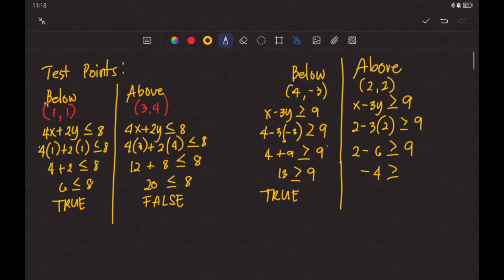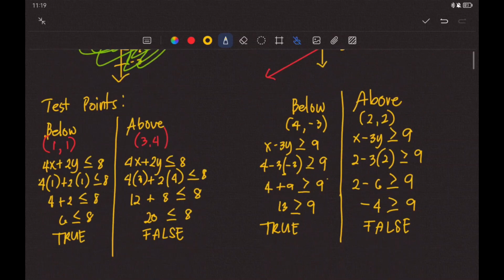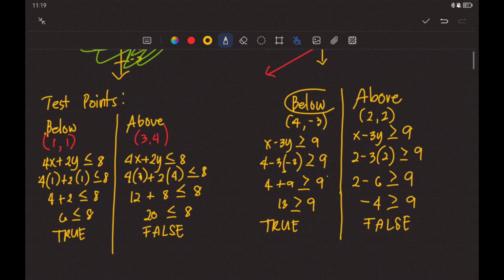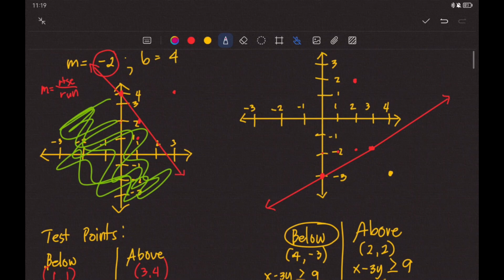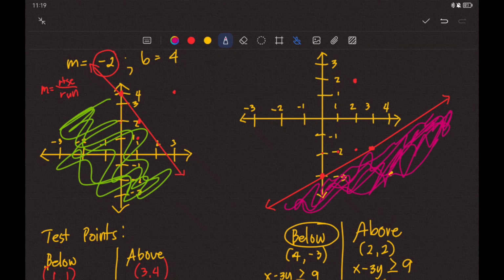Negative 4 is greater than 9, which is false. For the second graph, we are going to shade the below part. So this is our solution, this one. Below the line and on the line because we are using the solid line.